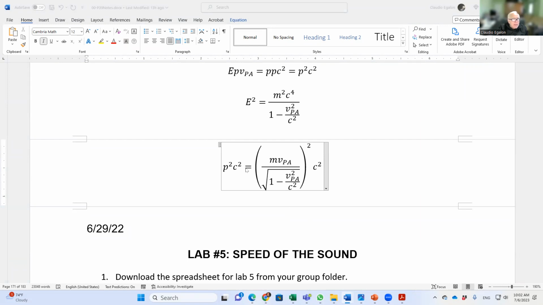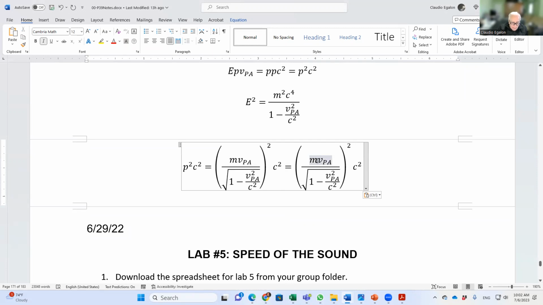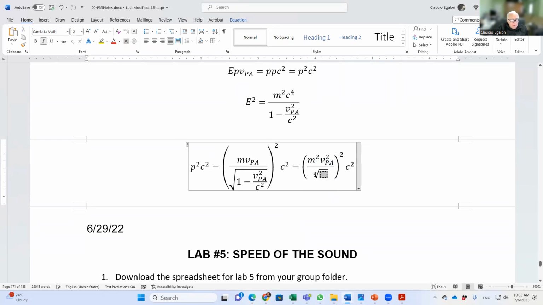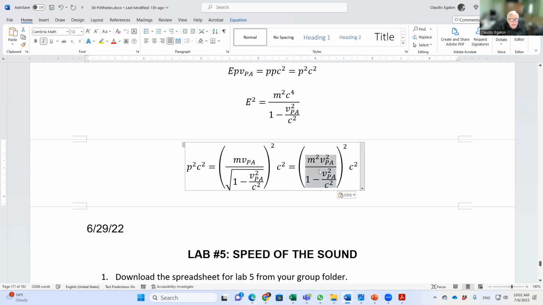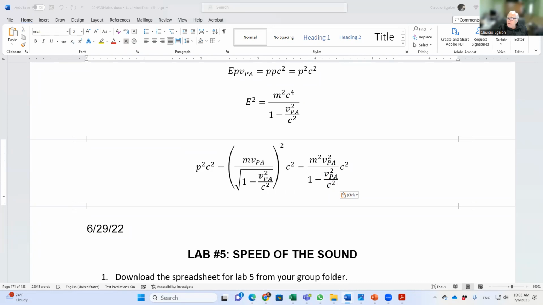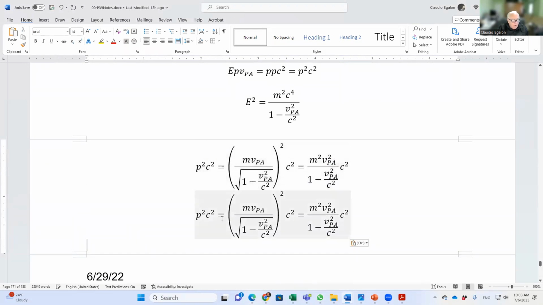What else do we get? Like that, and then something like that. I'm squaring whatever is inside the parentheses. Okay. And then I'm going to do something else. That's the relation we have.